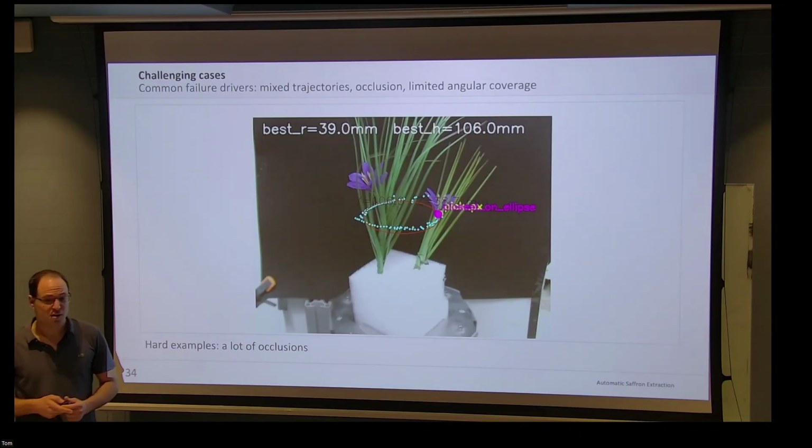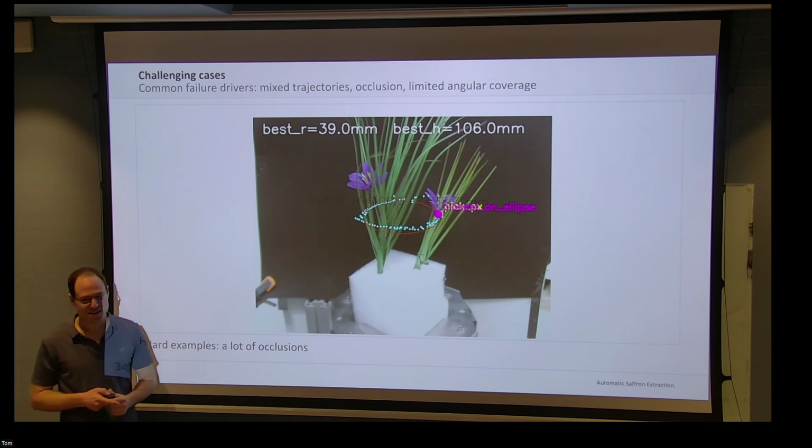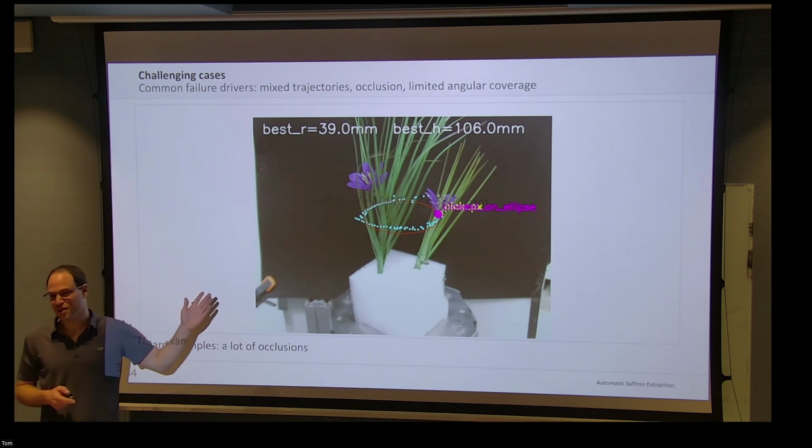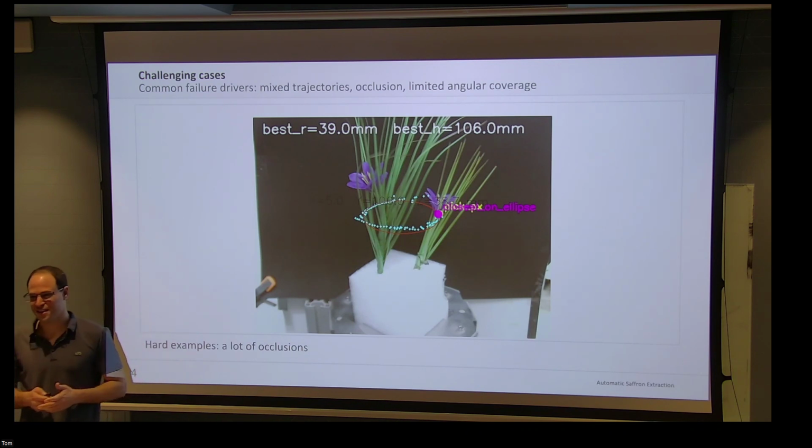My suggestion is that you showed that you only need 20 pictures, uniformly, and you get good precision for your estimates. So all you need to do is buy 20 cheap cameras from Alibaba, put them in a circle, and then you don't need to rotate your plants anymore. You just take a picture from each camera, and that's it. You're done. It's as if you've rotated everything. Yeah, it's okay, I think it's cheaper. One camera also from AliExpress. Yeah, the trade-off. It's possible.